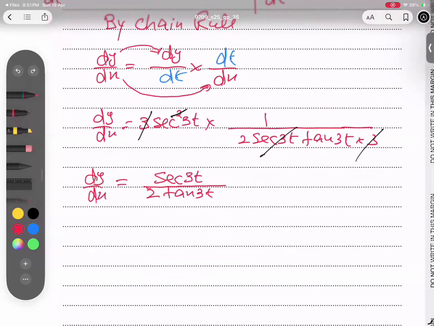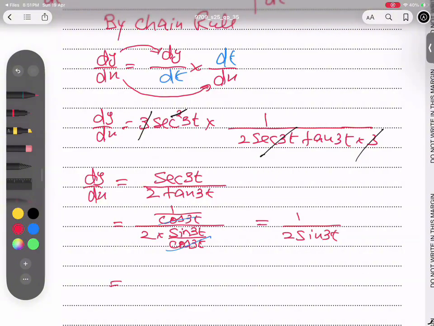So I have to open it step by step. What is here? 1 over cos 3t. And what is this? Sine 3t over cos 3t, because tan is sine over cos. Students, you know, if the denominator is the same, they will cancel out. So this cancels out, and I'm getting 1 over 2 sine 3t.